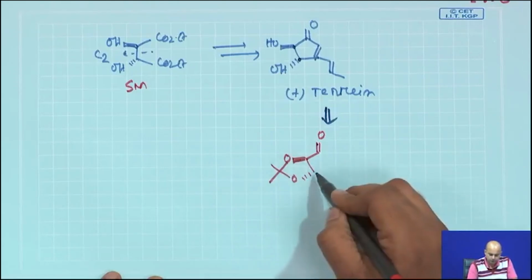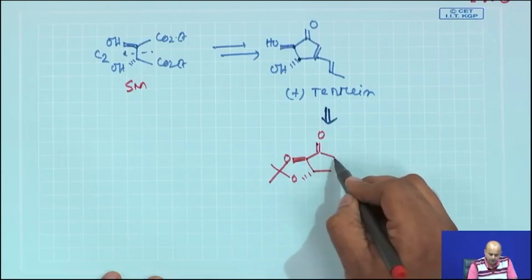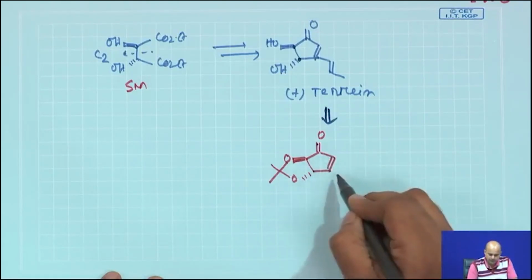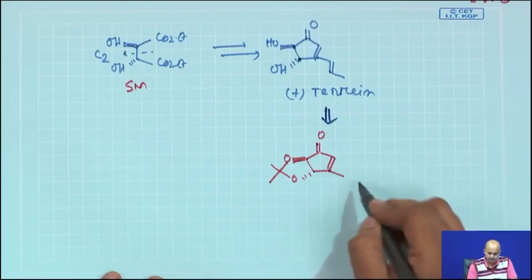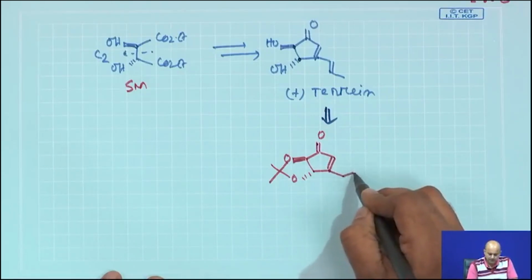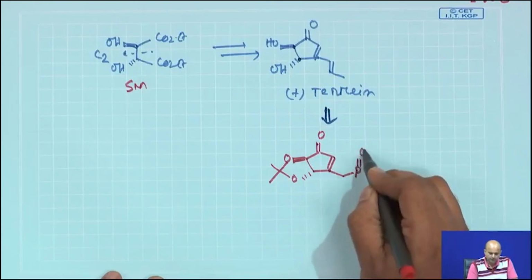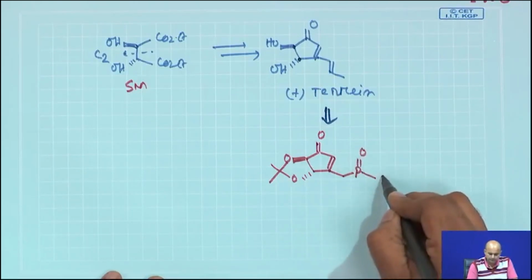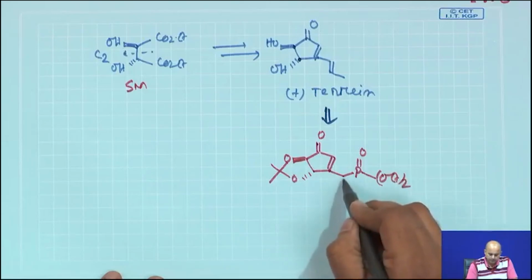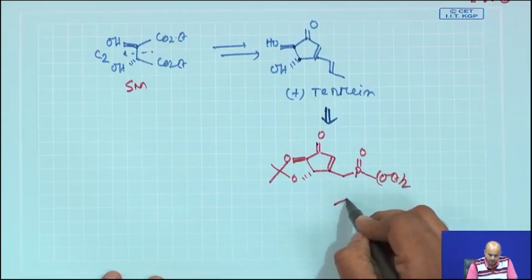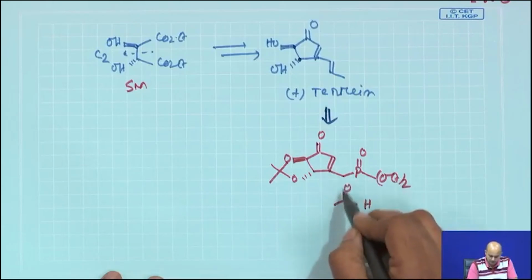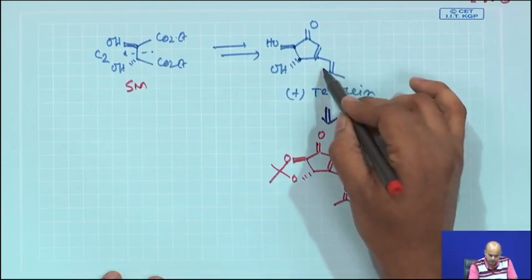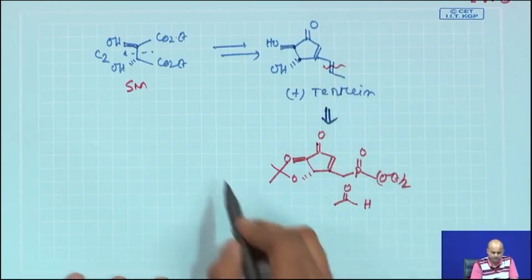The best one is to do an acetonide kind of protection, and in this case you will have some phosphonate kind of thing. You can do an intermolecular Horner-Wadsworth-Emmons reaction or Wittig reaction to make this particular bond.